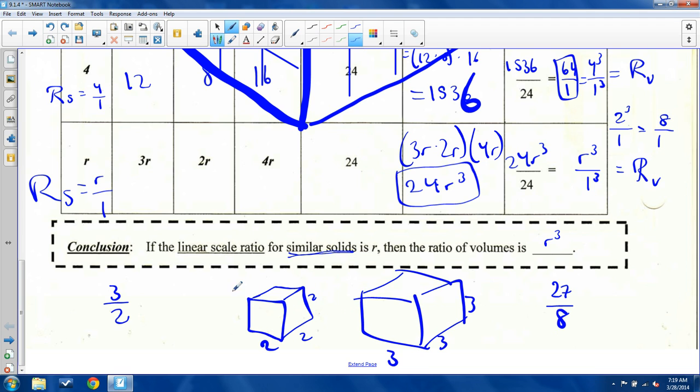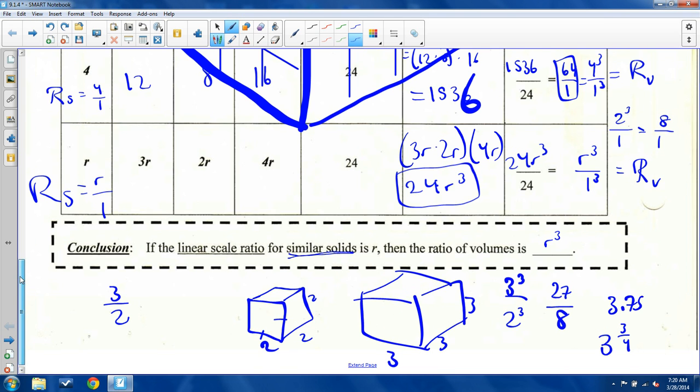I cubed 3 and 2. It's 3 cubed over 2 cubed. Which means you can fit whatever 27 over 8 is. It's 3.375, or 3 3/8. I can fit about 3 and a third of these into here. It's not really drawn to scale, but that's the idea of it.